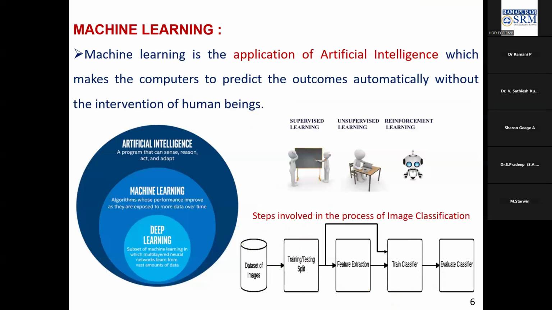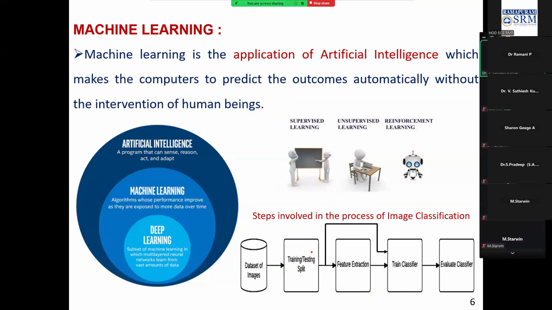So once I have collected the data set, the next step is splitting up the data set. Why we need to do that? Because we have to create an experience for the model, and also I need to evaluate the model, right? How well the model has learned, right? For giving experience to the model, we use training data set. For evaluating the model, we use test data set, right?